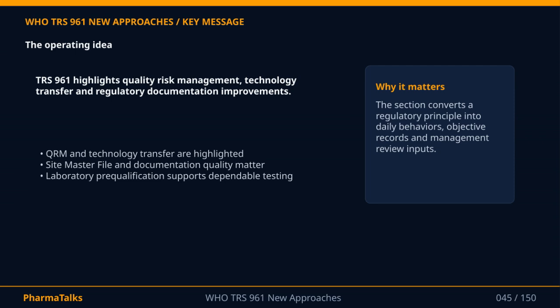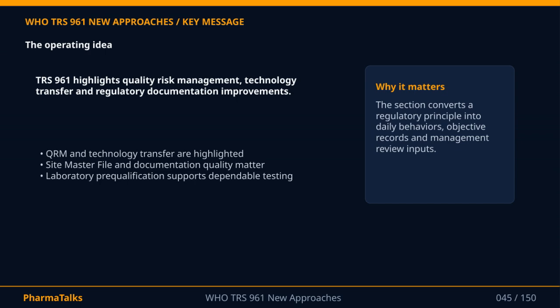It also stresses that maintaining a thorough and accurate site master file and high-quality documentation are crucial for compliance and operational excellence. Additionally, laboratory pre-qualification is underlined as a support mechanism for dependable testing, which is essential for ensuring product safety and effectiveness.